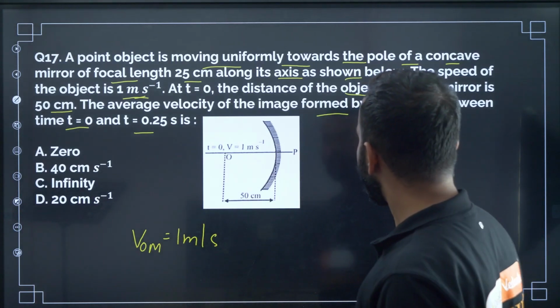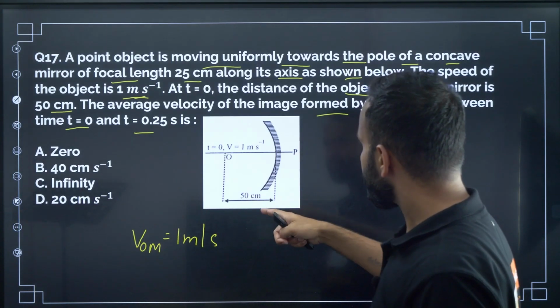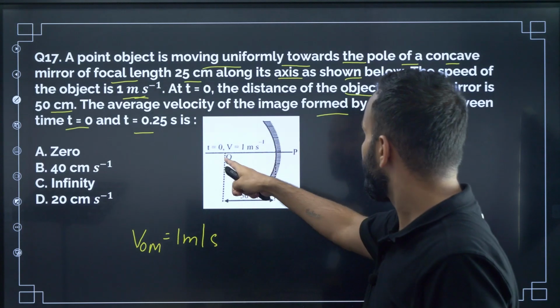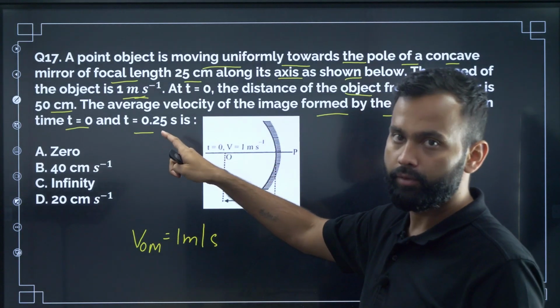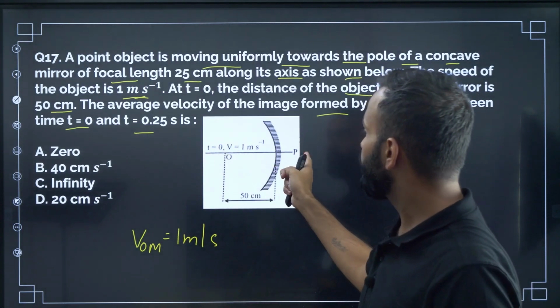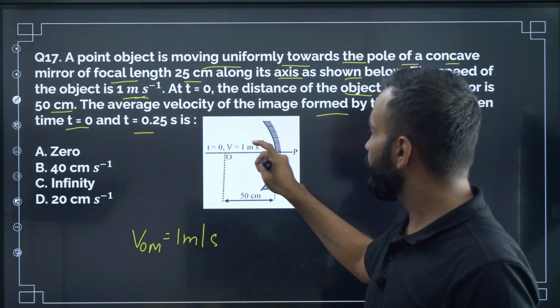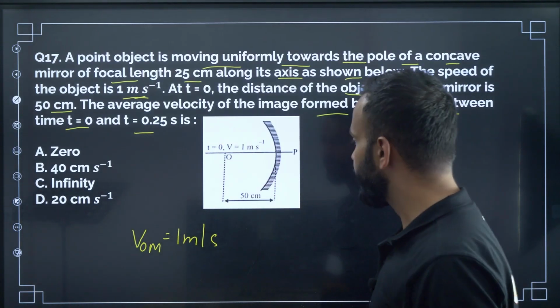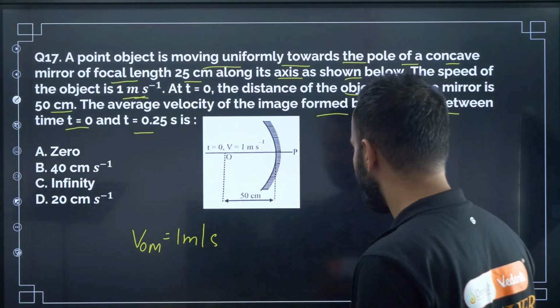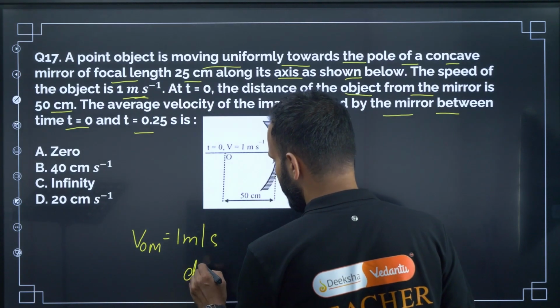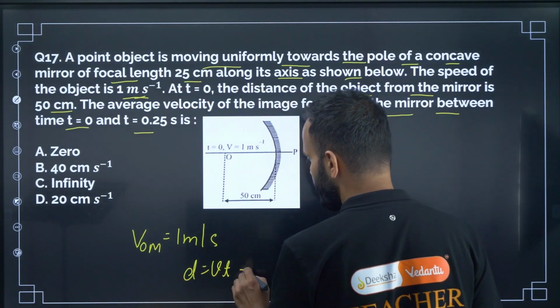What is the distance between the pole and the object after 0.25 second, right? Now distance d equal to velocity into time t.